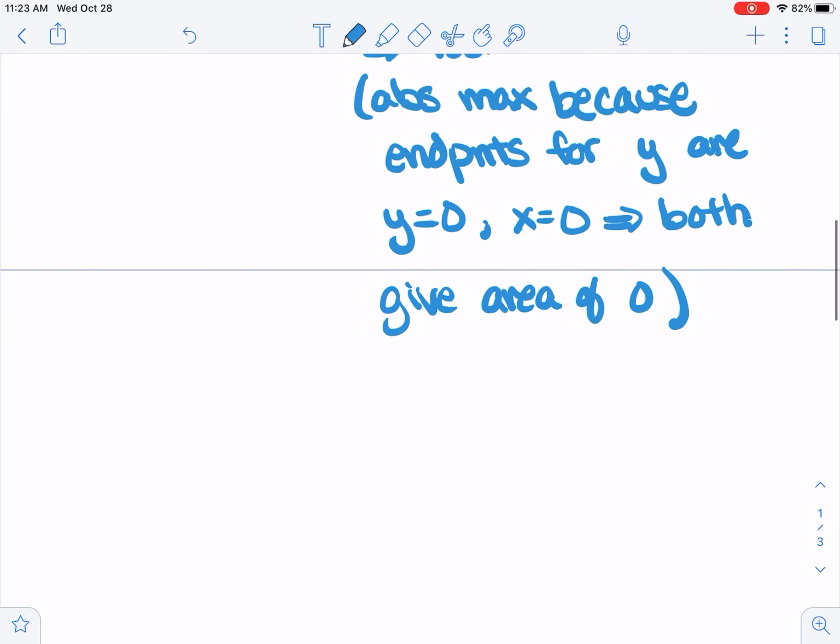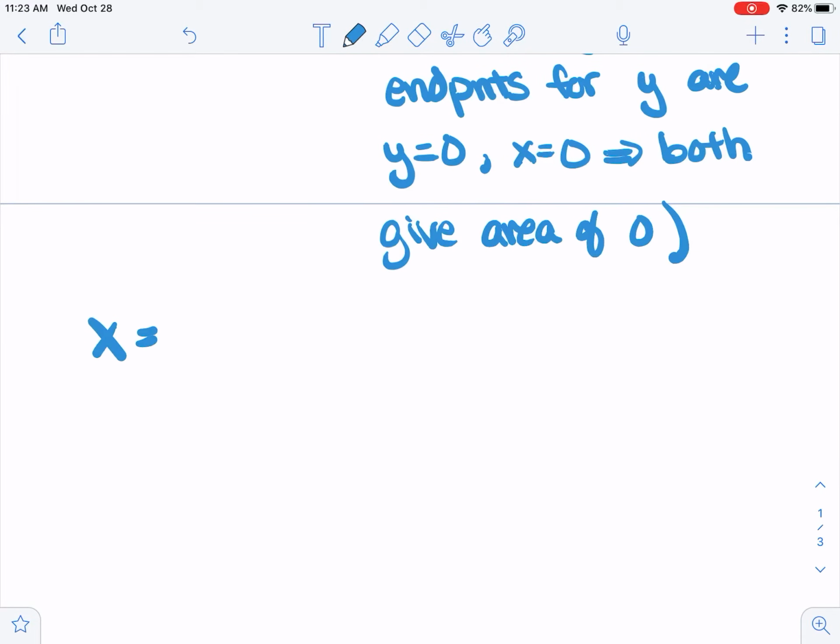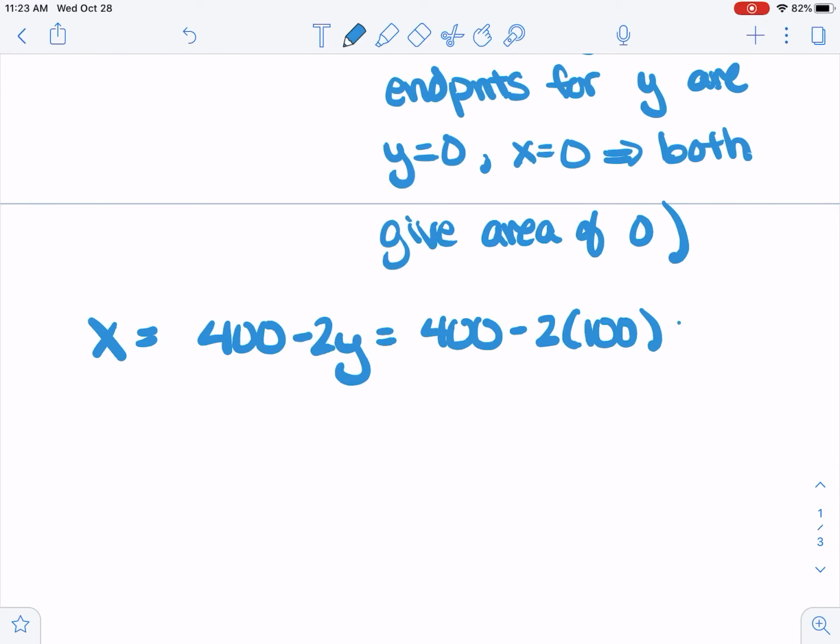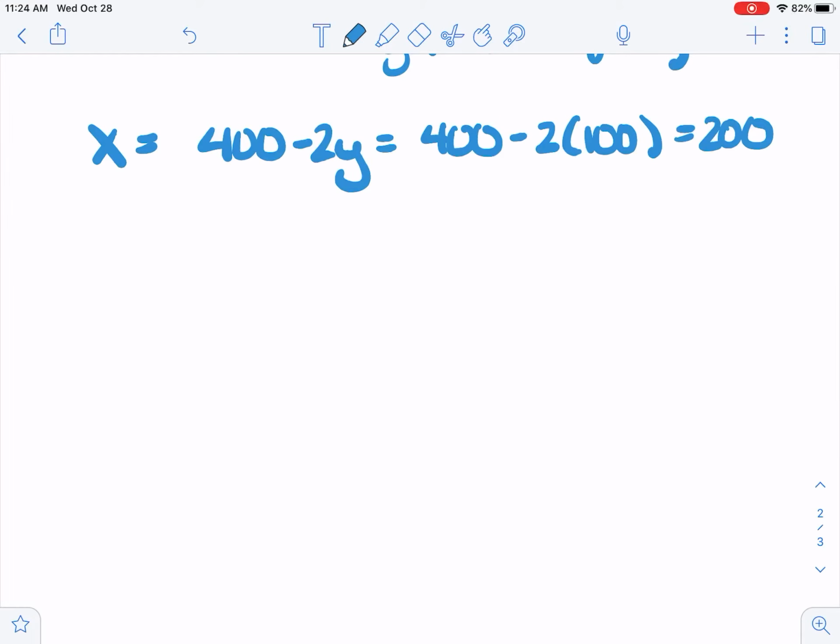If y equals 100, then x equals 400 minus 2y, so x equals 400 minus 2 times 100, so x equals 200. And so those are the dimensions that will maximize our area. The question asked, what is the maximum area?